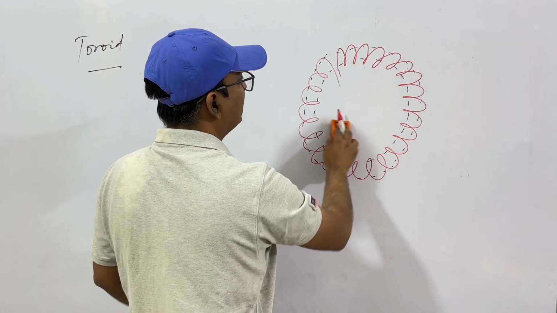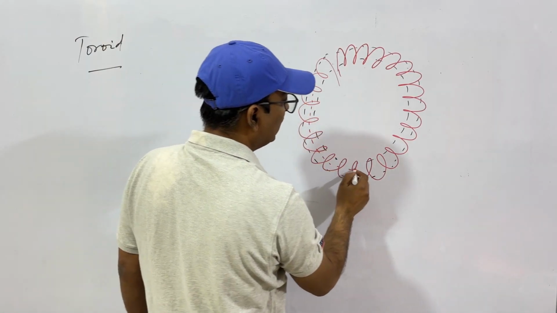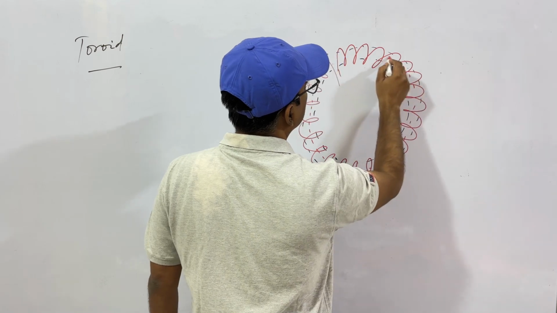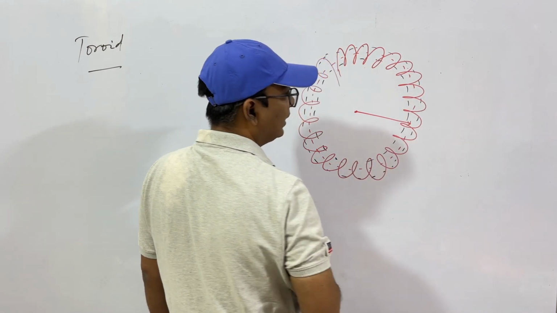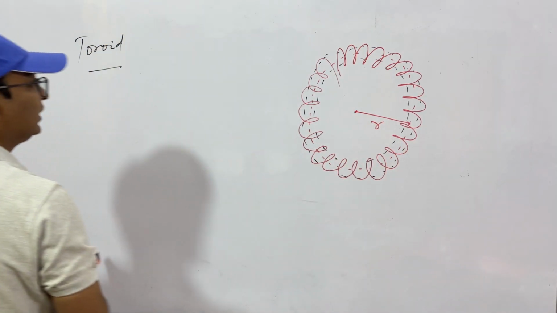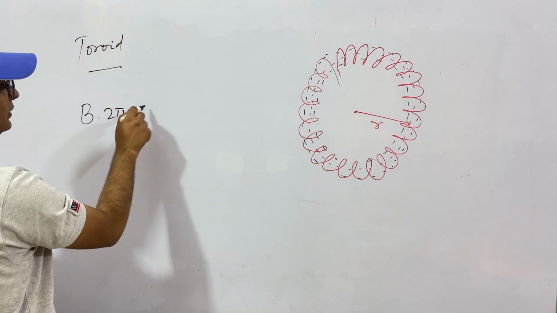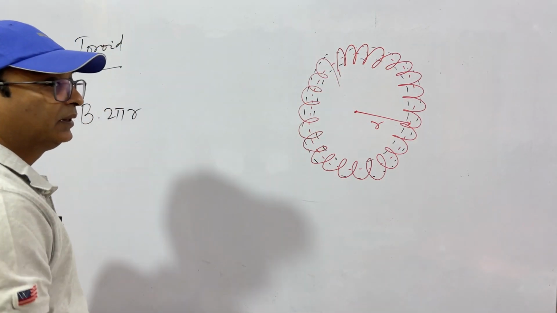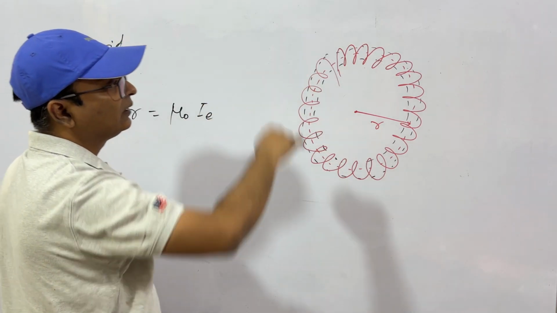So where do you have magnetic field? You will have magnetic field inside this circular cylinder. Let's use this term. If the average radius is, let's say, r, then you will get B into 2 pi r, this is the length, equal to mu 0 into I enclosed. What is the I enclosed?